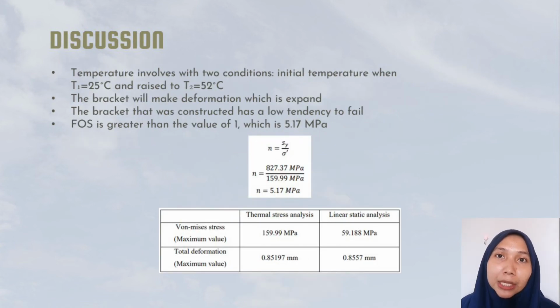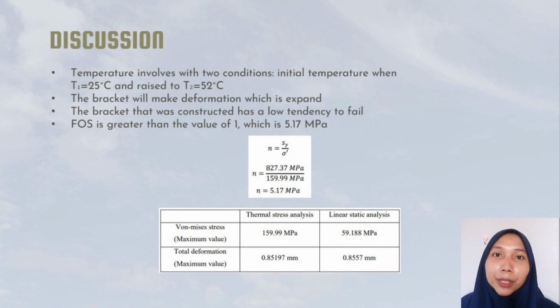To investigate the thermal stress, the analysis needs two temperature conditions, which are the initial temperature ST1 equal to 25 degrees Celsius and the final temperature raised to 52 degrees Celsius, ST2. During this situation, the temperature has been raised. It means the bracket will deform, and the dimensions of the bracket expand.